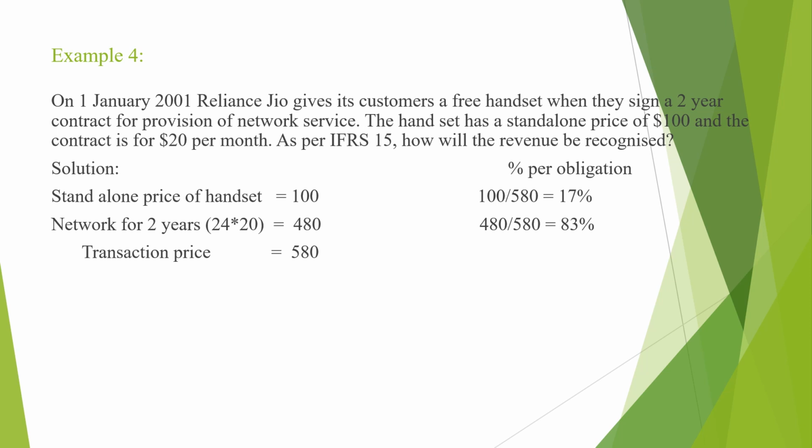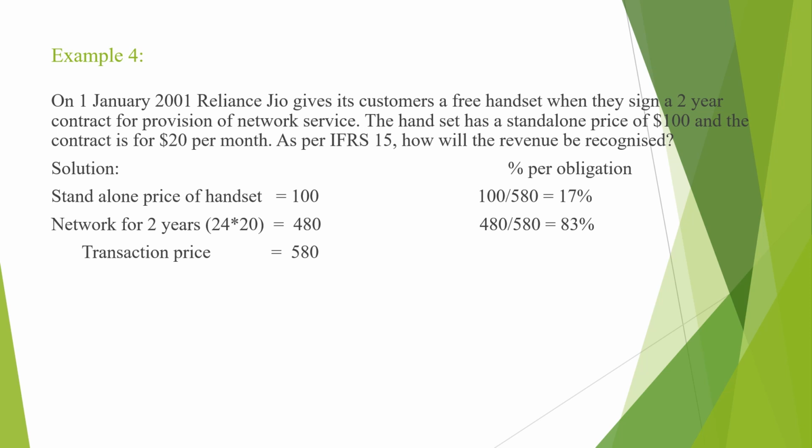Now this is the standalone cost of network service, but they are given. So total price should have been 100 for the handset, 480 for the network, and the transaction price should have been 580. We are adding the standalone rates and calculating the transaction price.